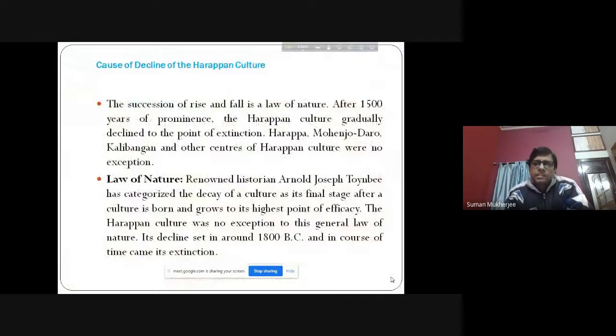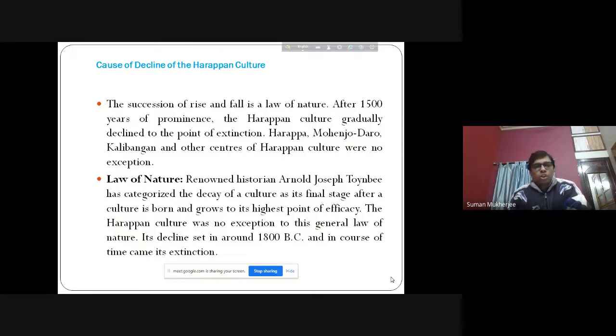Now, if we go through the points in a detailed discussion, the succession of rise and fall is a law of nature, and after 1500 years of prominence, the Harappan culture gradually declined to the point of extinction. Harappa, Mohenjo-daro, Kalibangan, and other centers of Harappan culture were no exception.